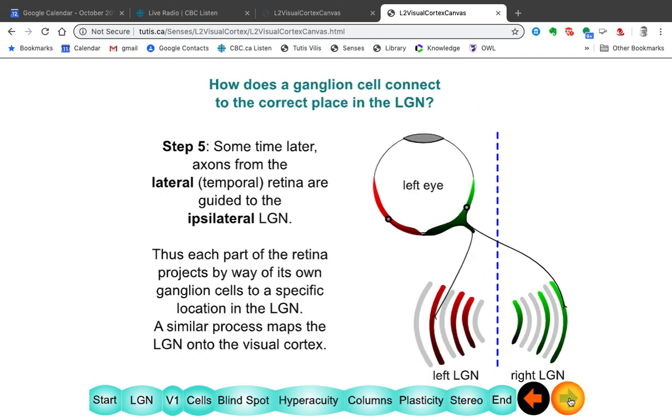Then cells in the lateral side of the eye, their axons start growing out, and they're the ones that don't cross and that end up in the ipsilateral LGN. And again, they grow to the correct spot in the LGN.